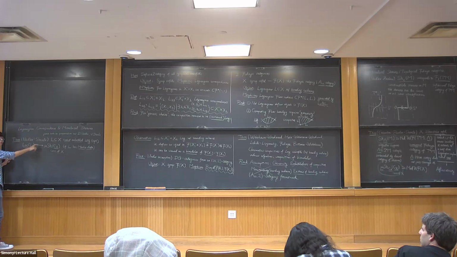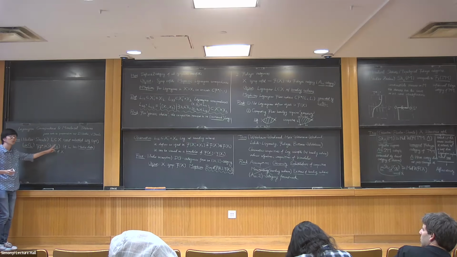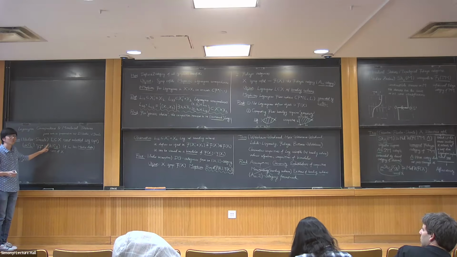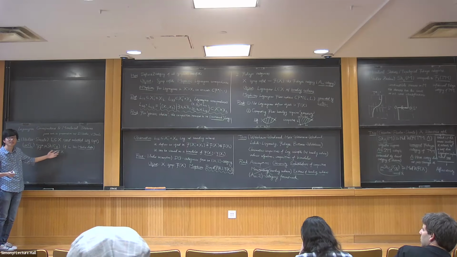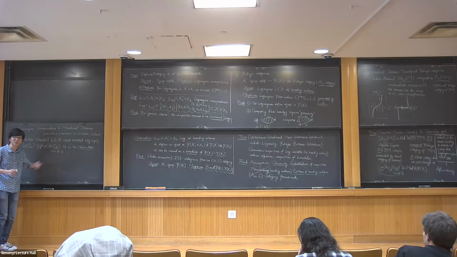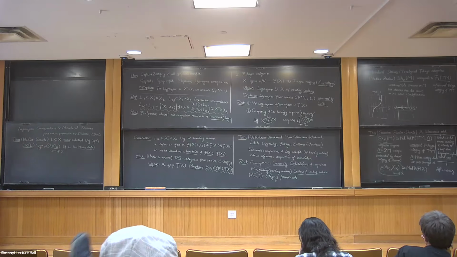And moreover, the full faithfulness is saying that if you take the endomorphism of the local system, you get an endomorphism inside the microlocal sheaf category, which just says that Hom of a single object is equal to the cohomology of that object.